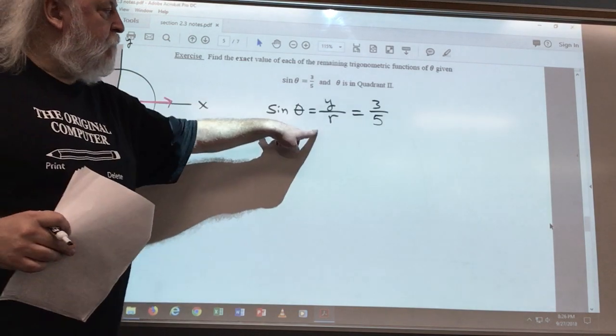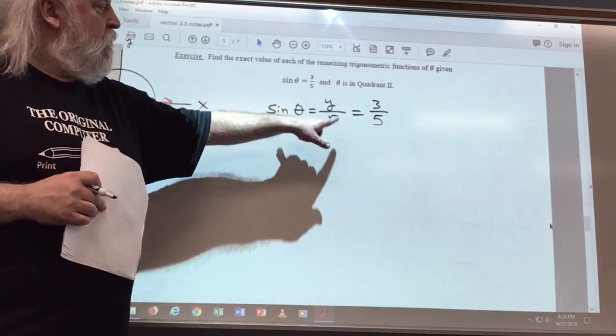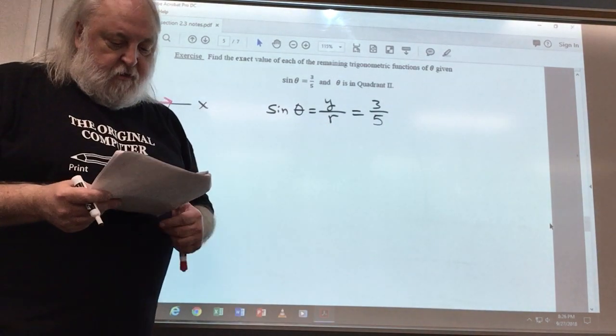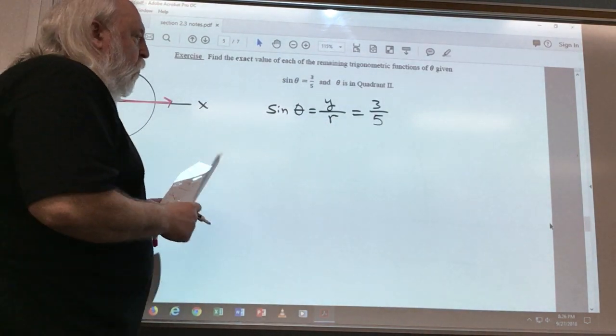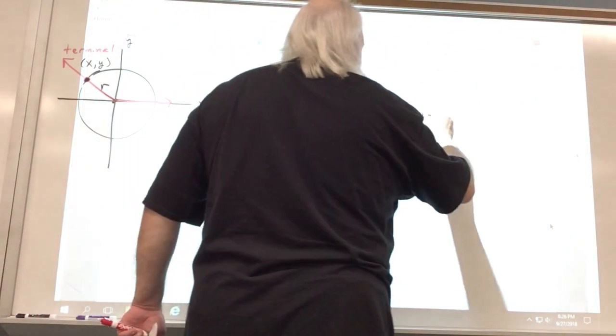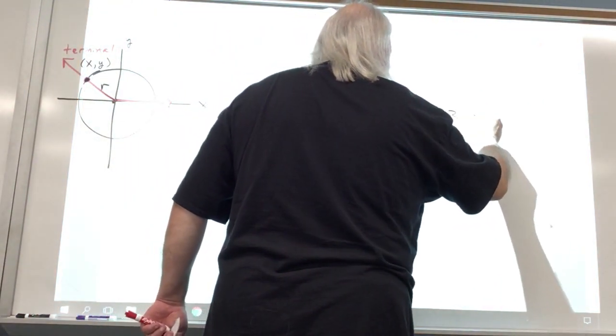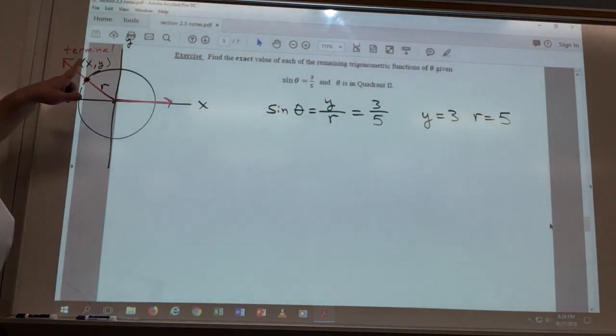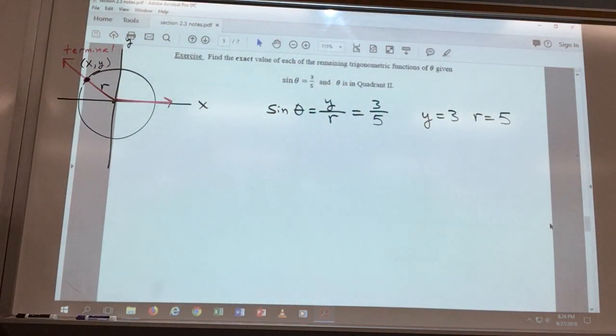So when we set y over r equal to 3/5, we see the y coordinate is 3 and the radius of the circle is 5. So y is equal to 3 in this case, and the radius of the circle is 5 units. This is not the unit circle. I misspoke, okay?